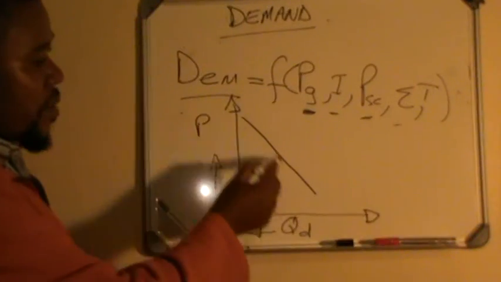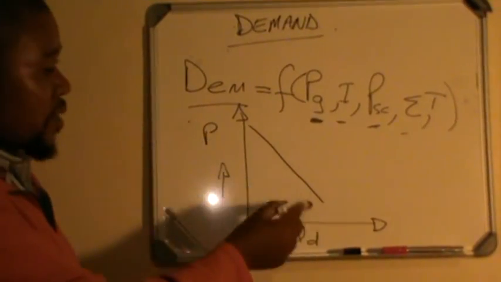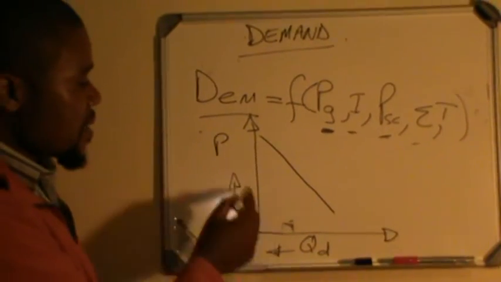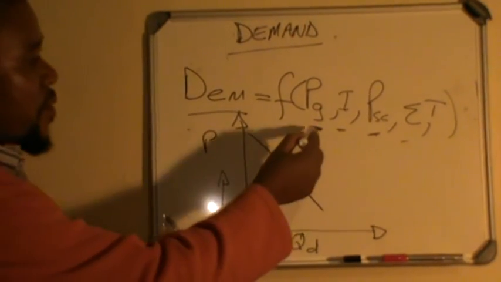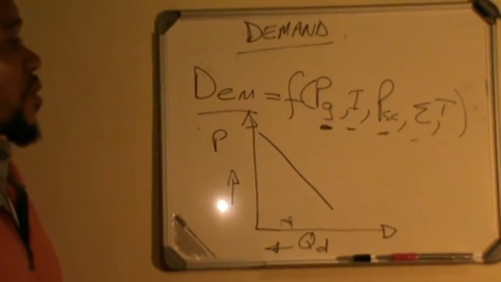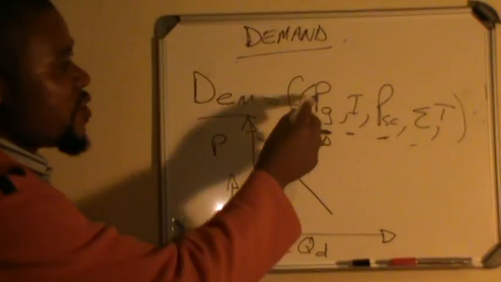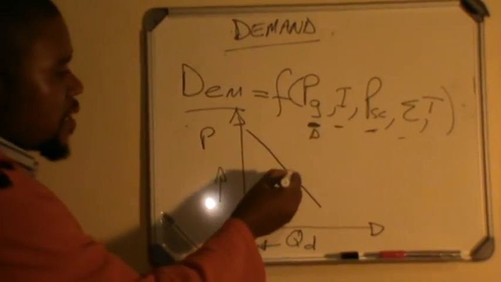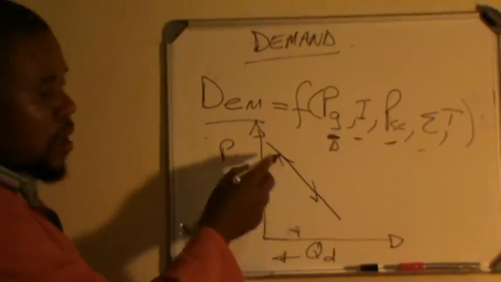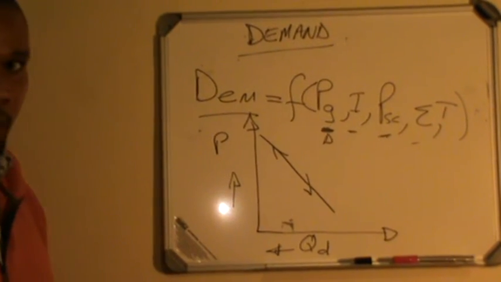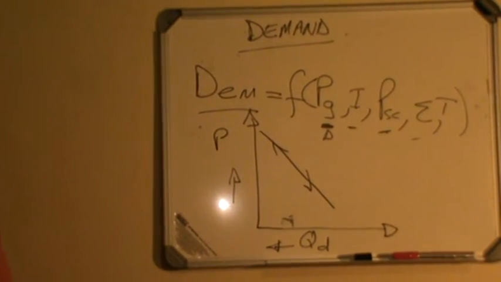We represent the demand schedule in terms of the price of the good and the quantity demanded of that good. So a change in this factor would lead to a movement along that particular curve.